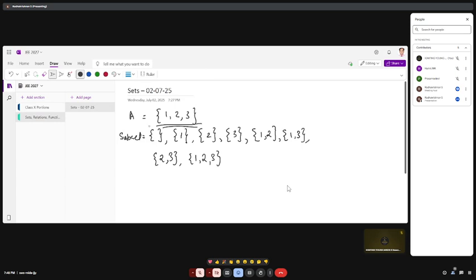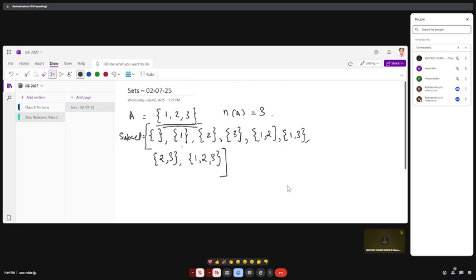Now, if you create a master set of all these, a set of all the subsets, that is called a power set. Power set is a set of all the subsets of a set. Here, this set has got 3 elements.